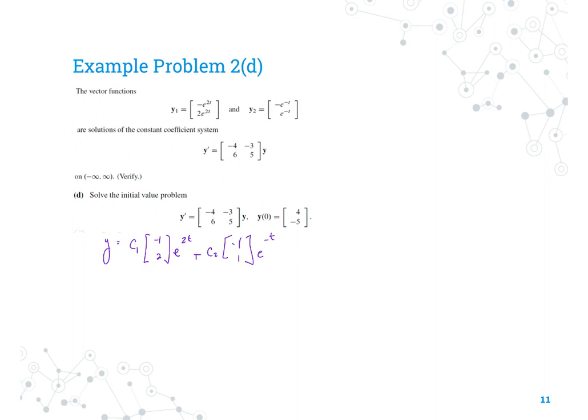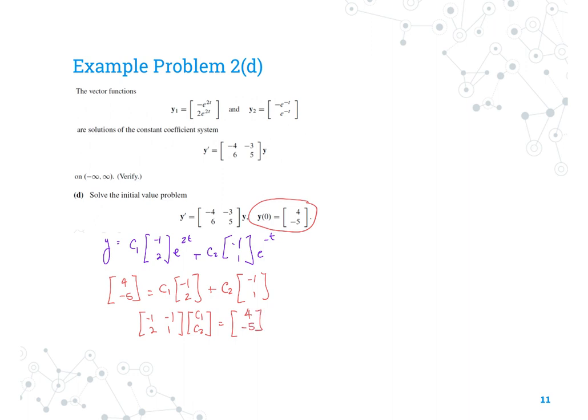We can plug in this initial condition. So 4, negative 5 equals c1 times negative 1, 2, and t is 0, so that's just times 1, plus c2 times negative 1, 1. What we end up with is the matrix negative 1, negative 1, 2, 1 times c1, c2 equals 4, negative 5.